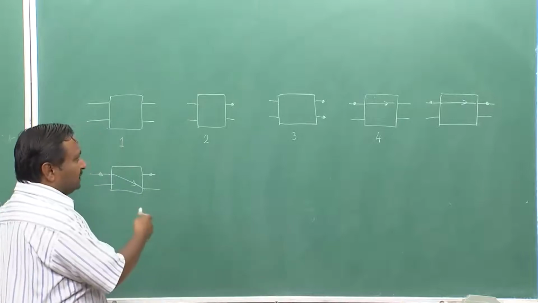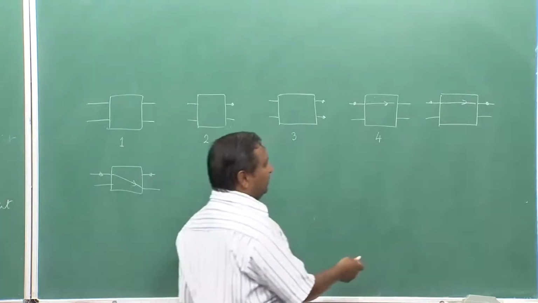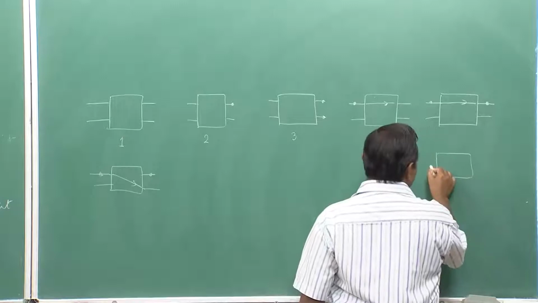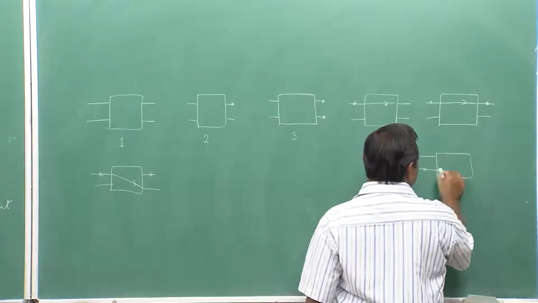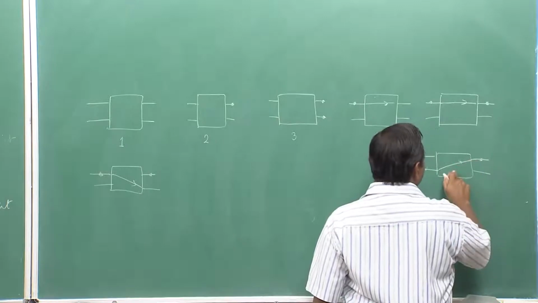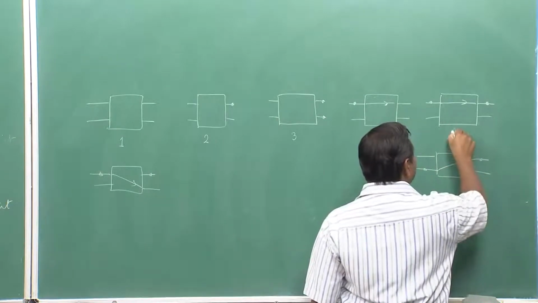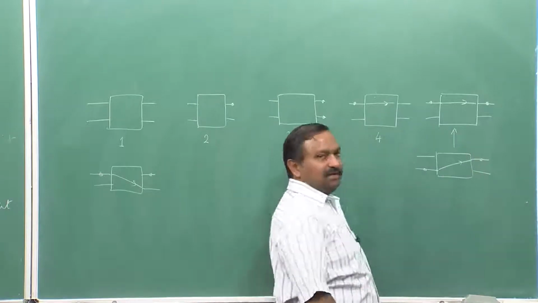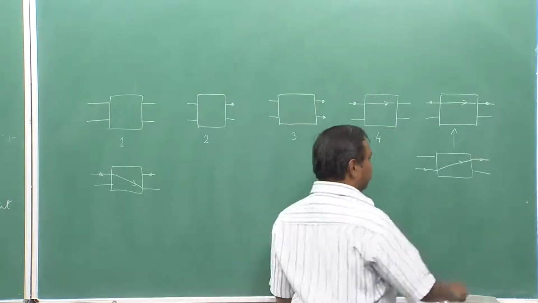All other combinations, for example a switch with a packet here, a packet here, a packet here, and this going here, are the same conditions, so this merges into this particular state.